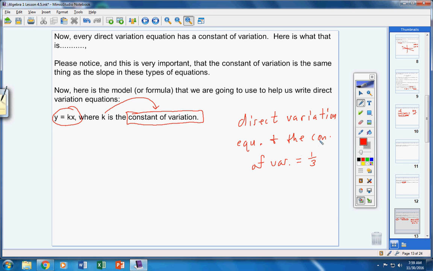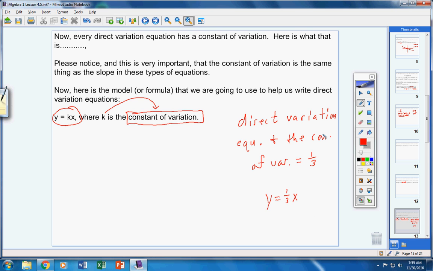First of all, you know if the constant of variation is 1/3, that means y is by itself. And you know the 1/3 has to go with the x, right? There it is, we did it. That is so simple, guys. Okay? So keep that in mind as we start to do some problems.